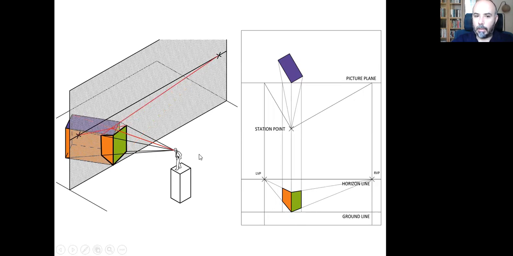And here, for the last step, I can combine this back corner here with the station point. It means the eye of the man, so that I can find the intersection of this line with the picture plane to indicate how the man sees the purple surface due to this perspective projection.